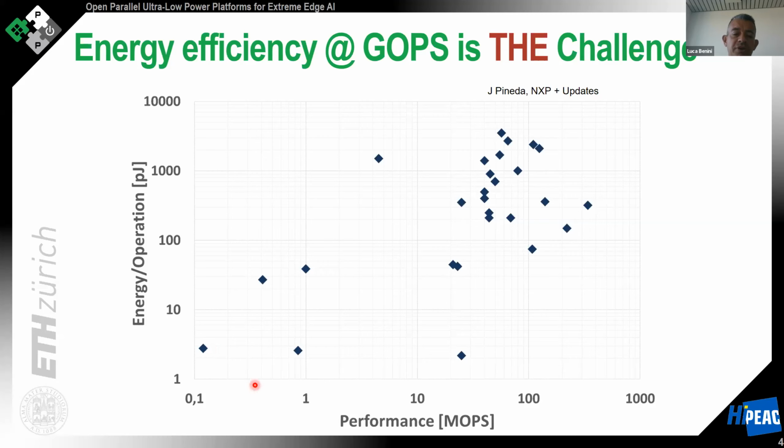So performance versus energy efficiency. First of all, you see that the microcontrollers, even in the most powerful case, very, very rarely approach the 1 giga operation per second limit, which is what is needed actually for neural networks.